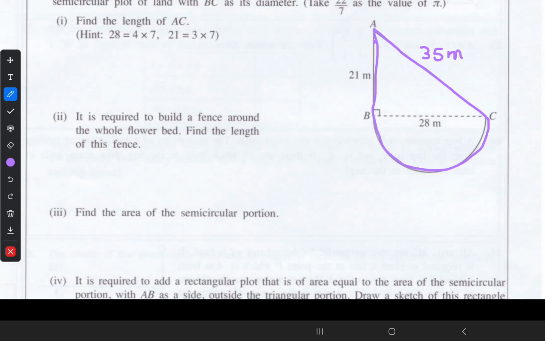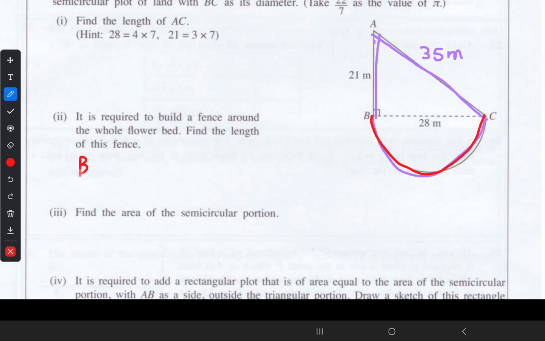Whole edges. That means we know this is 35. This is 21. You should find this arc length. If we find the arc length, it's easy to find the total perimeter of this flower bed. Let's find that. We have to find this BC arc length.